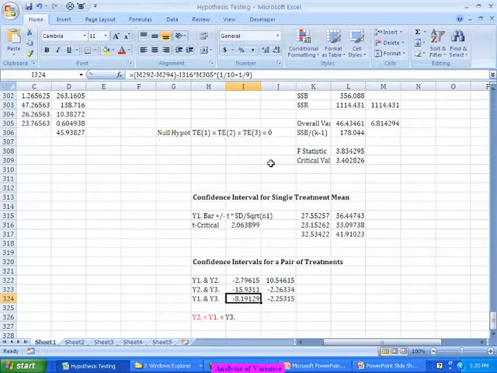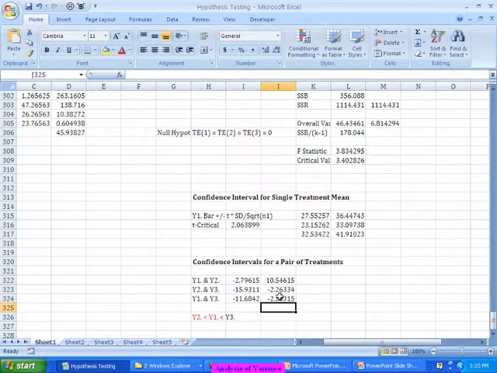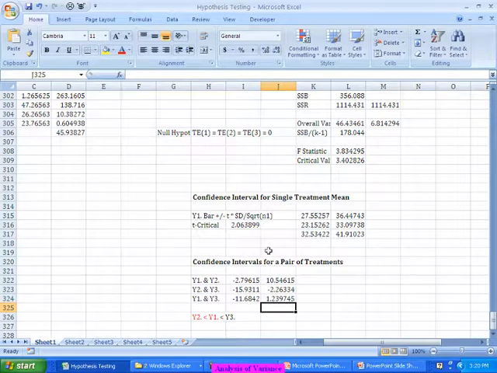So minus 15 to minus 2, whereas in this case it is minus 2 to 10. So here also let me see if things get improved. So it comes out to minus 11 to 1.2. Yeah, so there is no significant difference between y1 and y3 also.